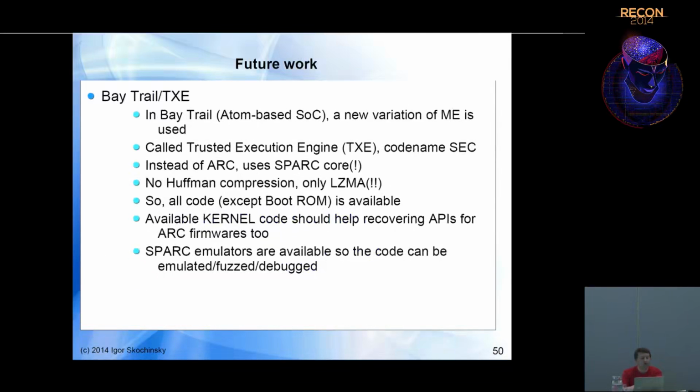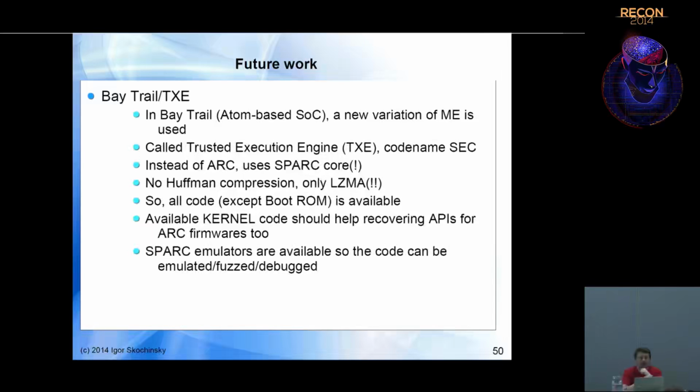And I mentioned briefly something new I discovered just a couple of months ago. The new Atom-based system on chip released by Intel called Bay Trail. They embedded everything in one chip, the memory controllers, everything, and the ME itself is also embedded in this chip. But they renamed it. They don't call it ME now.